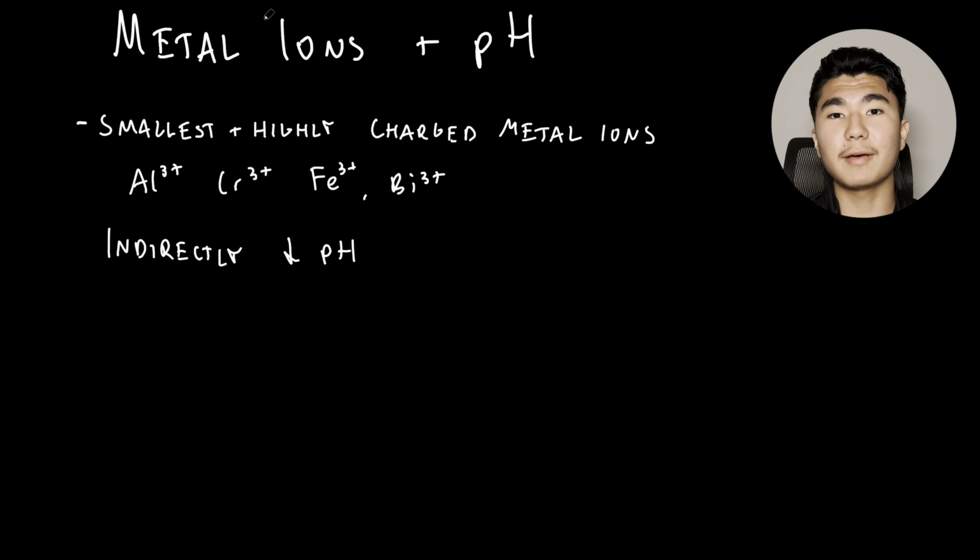And Al3+, Cr3+, all of these have a high Coulomb force. And if you remember Coulomb's law, it's talking about distance and also charge. So if we have smaller distance, a small radius, and we also have a higher charge, then these metal ions are going to be pulling the electron density towards itself.